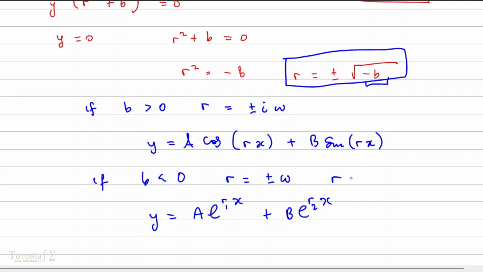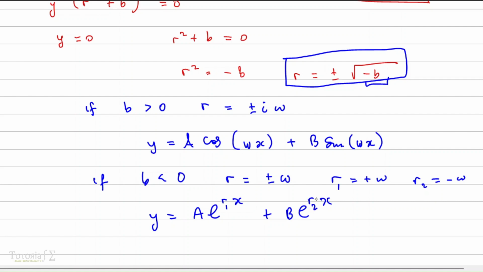So r is equal to plus w, maybe that can be r1, and r2 can be minus w. But for the complex part, we just take the positive value. We just take, for instance, w here and w here.